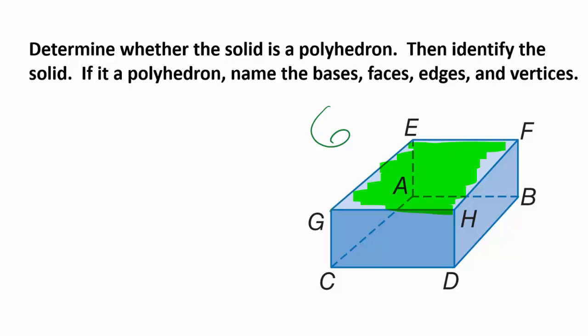The one I just highlighted is going to be E, F, H, G. And then this bottom base here that I've highlighted, let's just start with B or A. This doesn't matter. A, B, D, C.